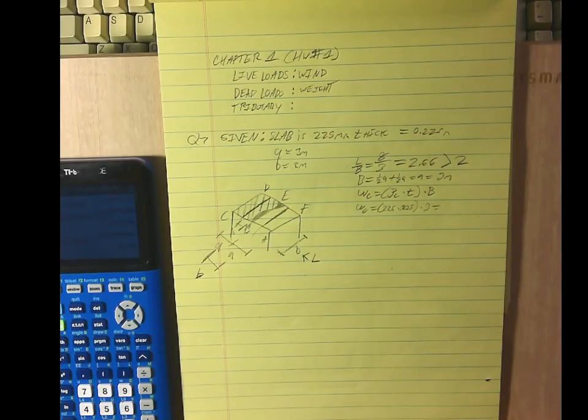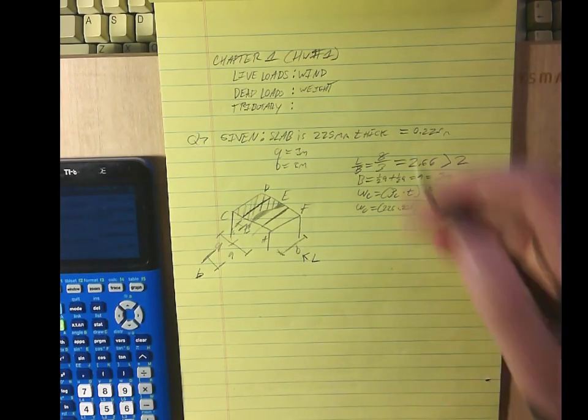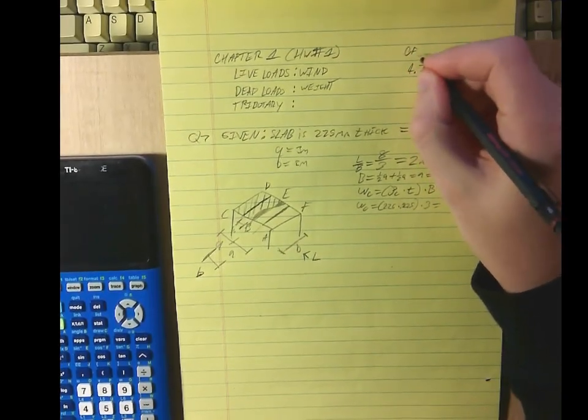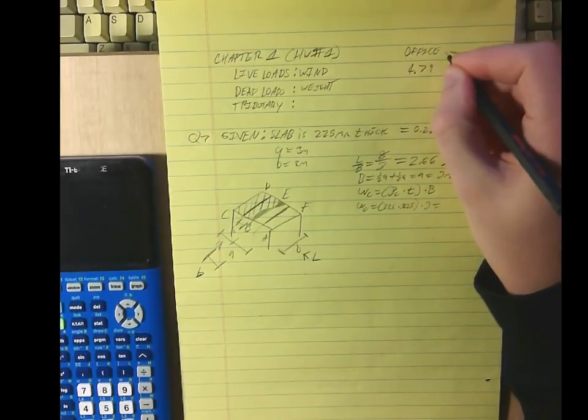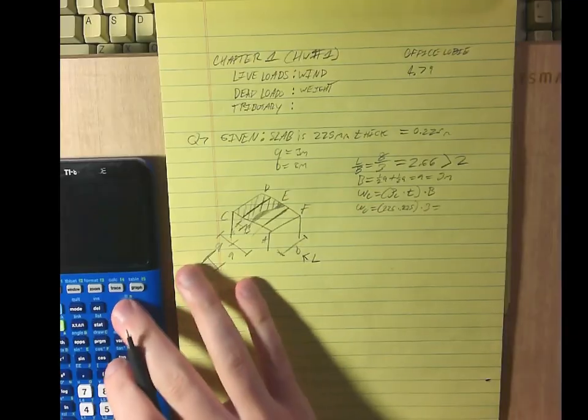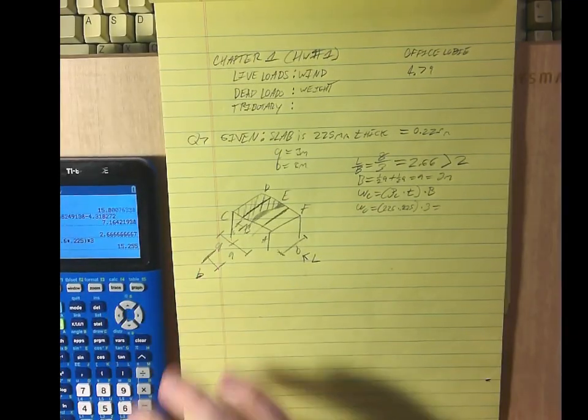I mean, it has to be used for something, so 4.79. Do I do this number plus 4.79?